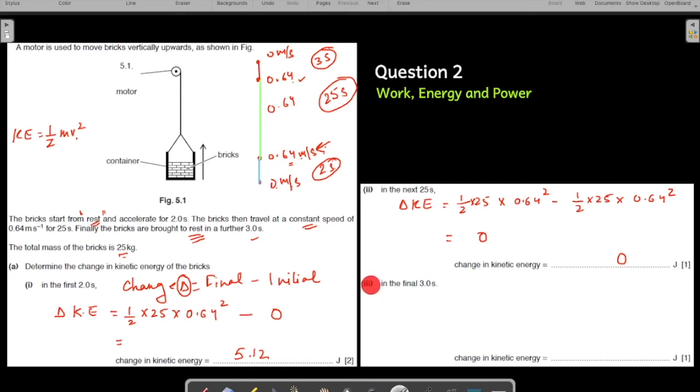Now they are asking for the change in the kinetic energy in the final 3 seconds. What is the final velocity? It is 0, right? So let us find the change in the kinetic energy.